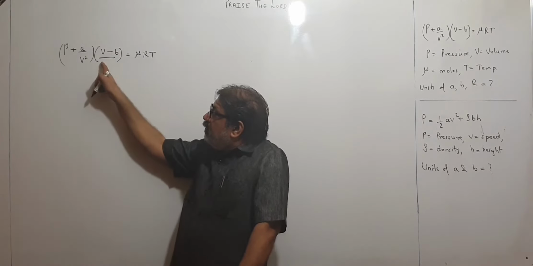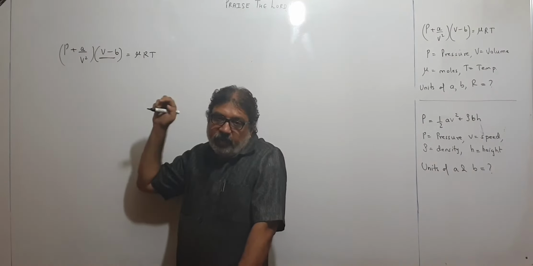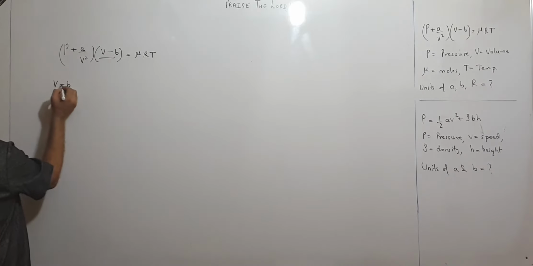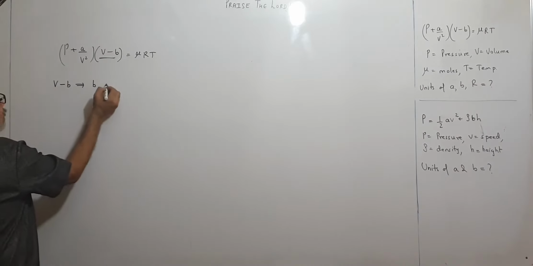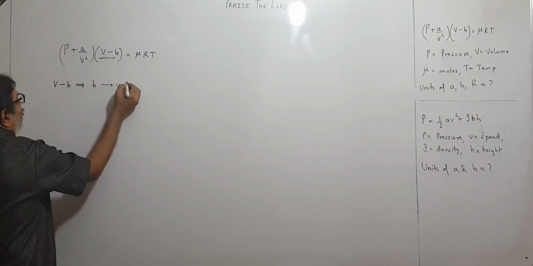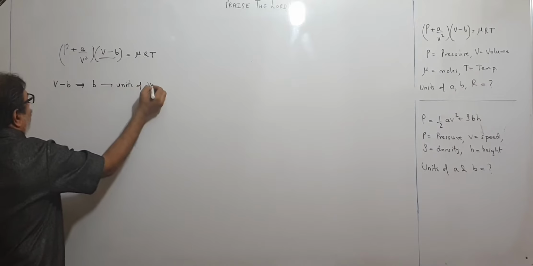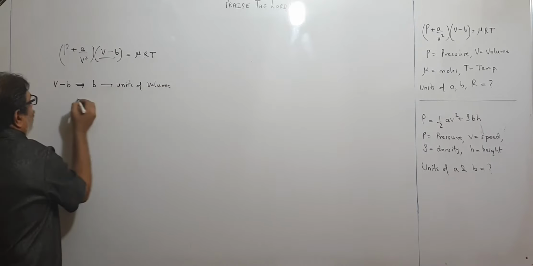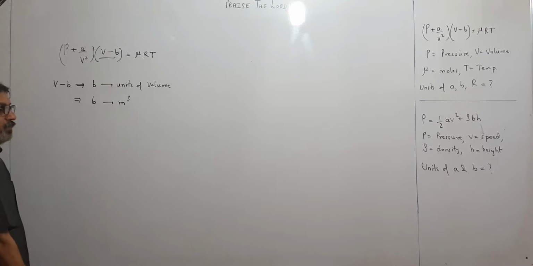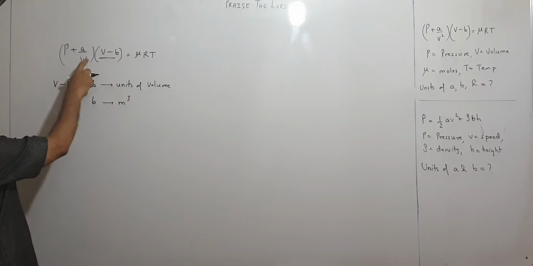So the term V minus b tells me b has got units of volume, which implies b has got units meter cube, that is one.